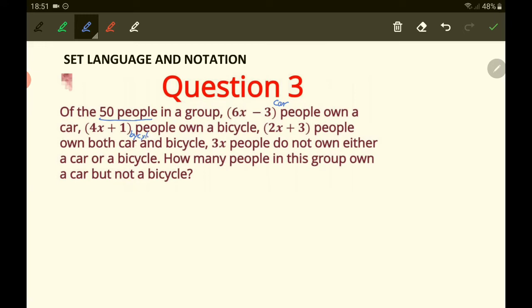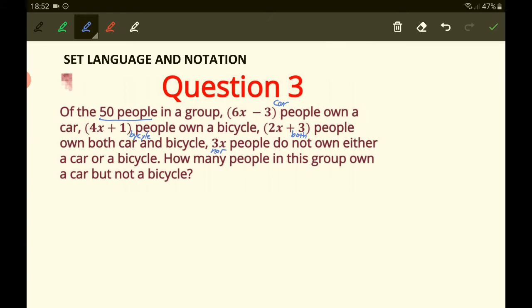And then 2x plus 3 own a boat. Okay, this is boat. Both car and bicycle. So 3x people do not own either car nor bicycle. So this is nor. Okay, so how many people in this group own a car but not a bicycle?